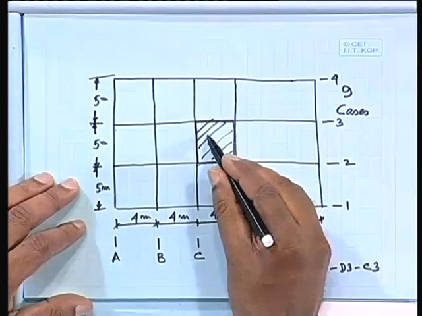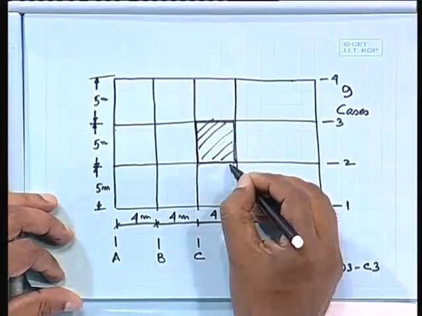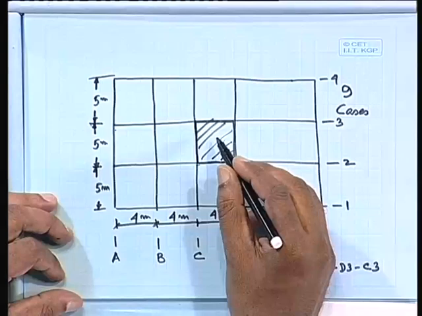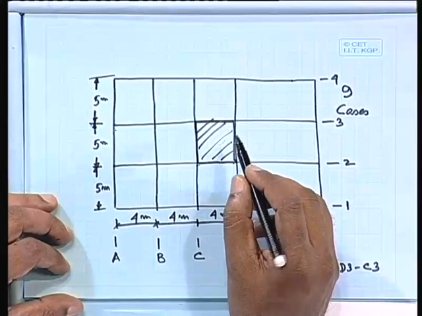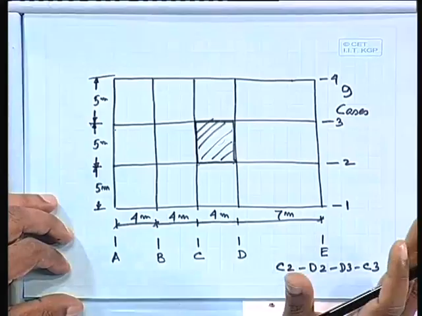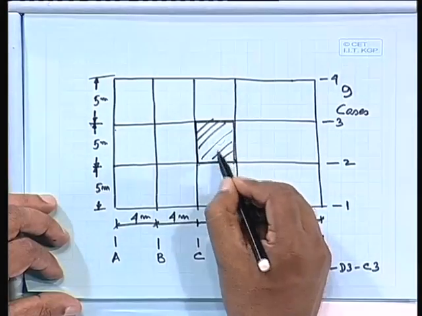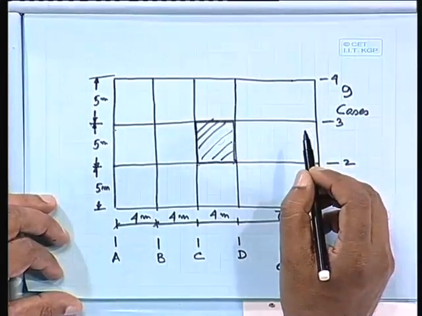But in this case, depending on the continuity, we can have 4 different values: the shorter direction in the span as well as at the support, and the longer direction in the span as well as at the support. We have to take those 4 values, and then on the basis of that we can calculate the bending moment.